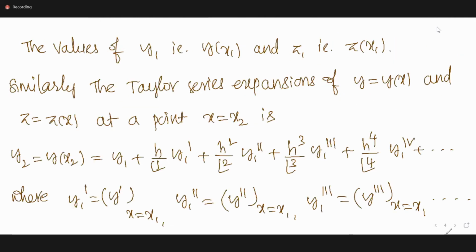What is the expansion of y3? y3, y of x3, is equal to... tell me the first three terms.